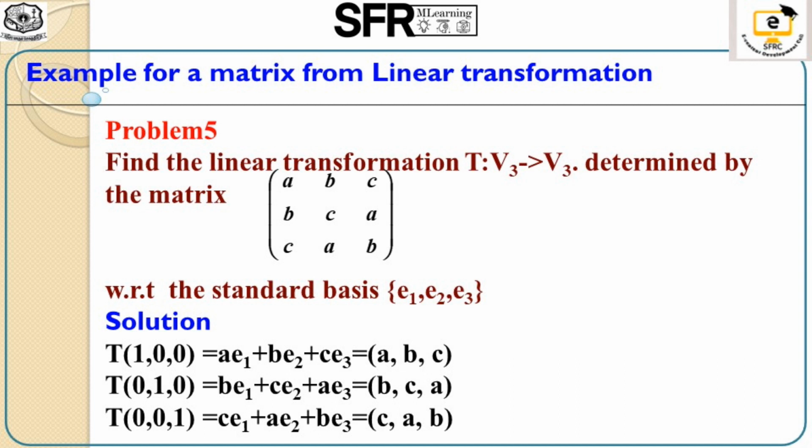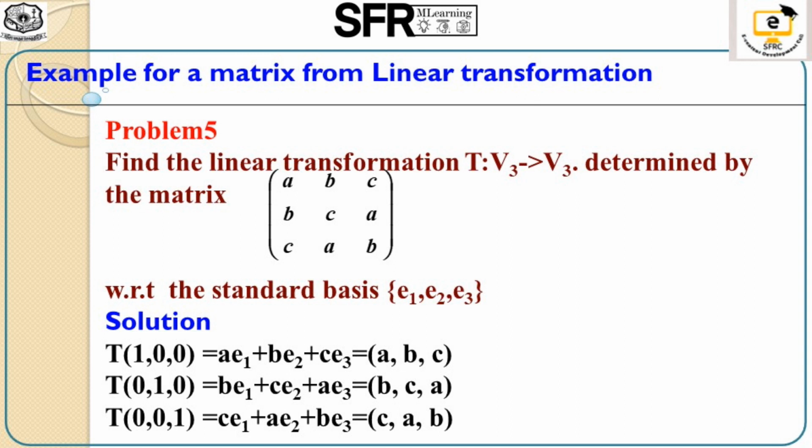The second, T of (0, 1, 0), is B E1 plus C E2 plus A E3, that is BCA. The third, T of (0, 0, 1), is C E1 plus A E2 plus B E3, that is CAB.